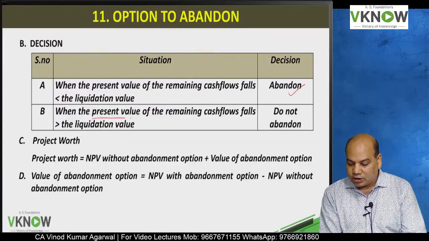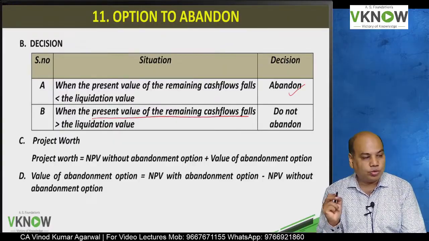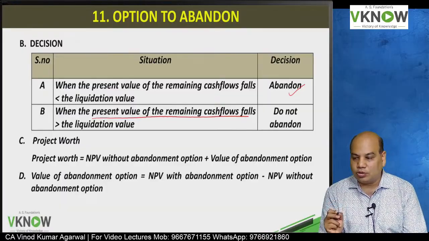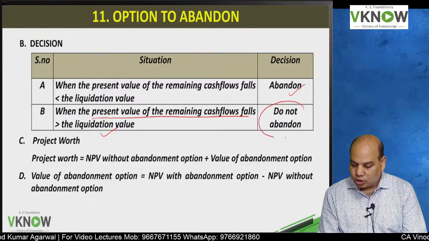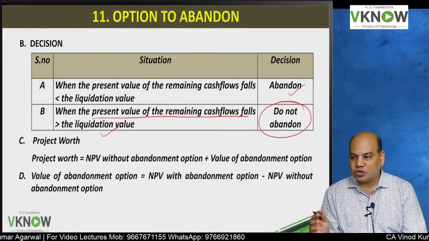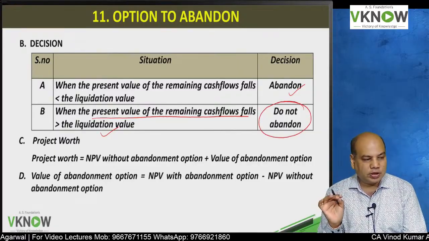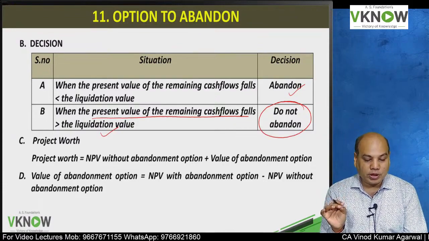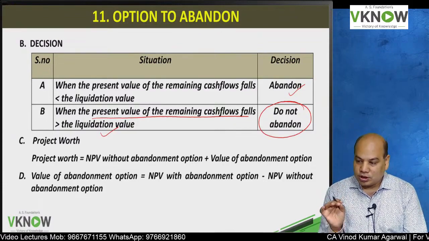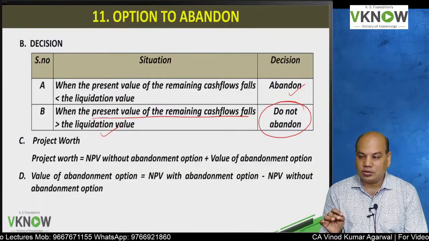But if you find that the continuing option will generate more value in present value terms than liquidation value, do not abandon. So simply put, whichever gives you more benefit. Abandonment gives more benefit, abandon. Continuation gives more benefit, continue.